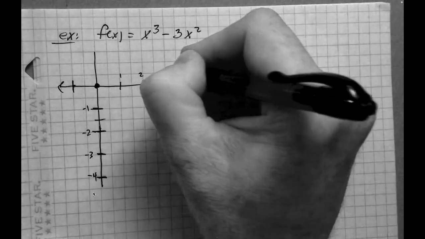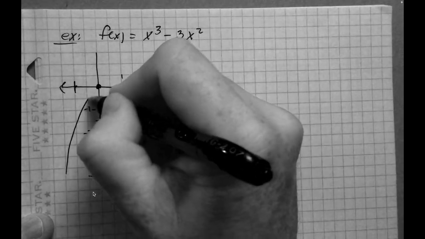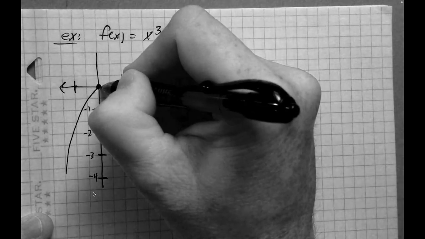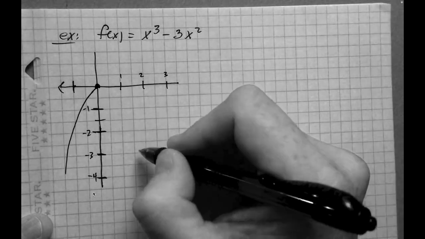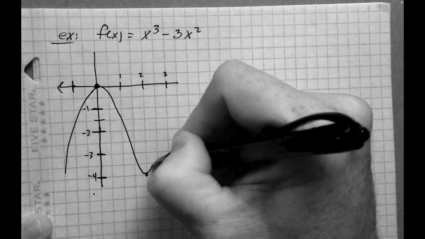The function comes up to a maximum at the origin, then it drops back down and finds a minimum somewhere right around here, and then it comes back up.